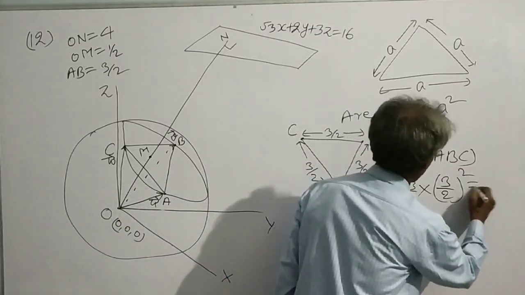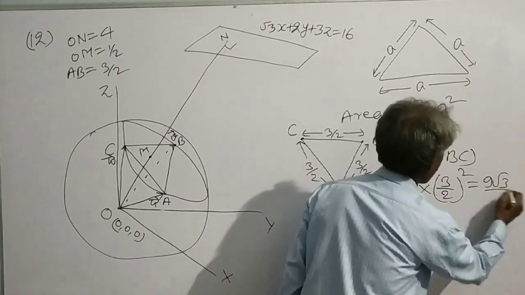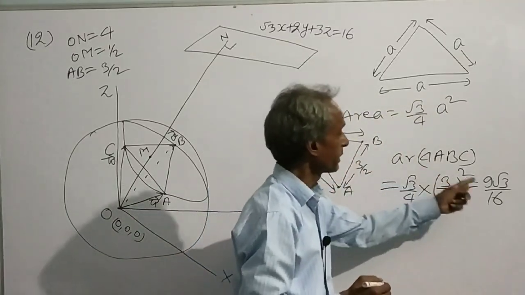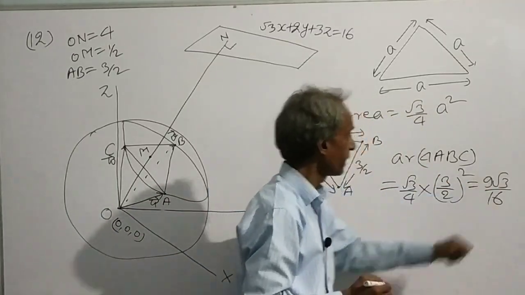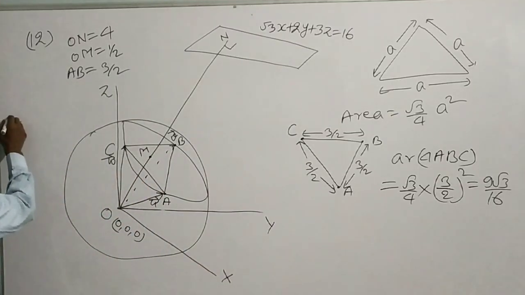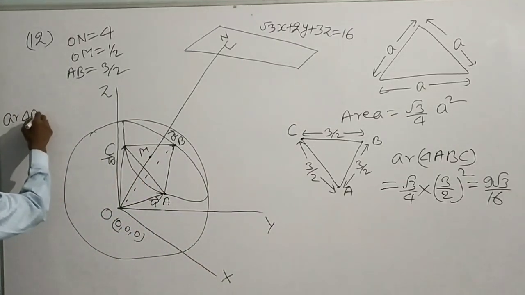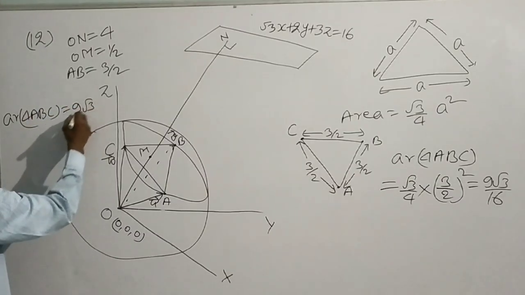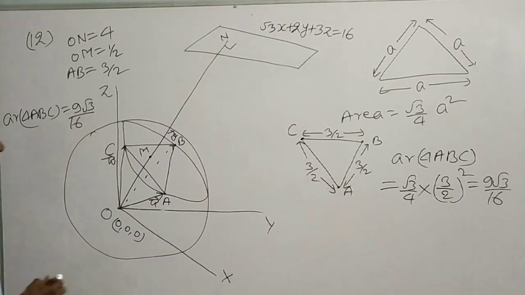This will be equal to 9 root 3 by 16. Area of triangle ABC is 9 root 3 by 16.